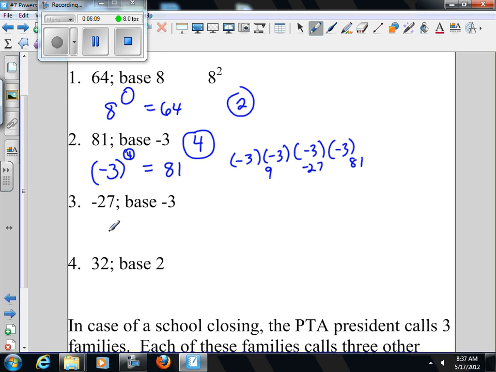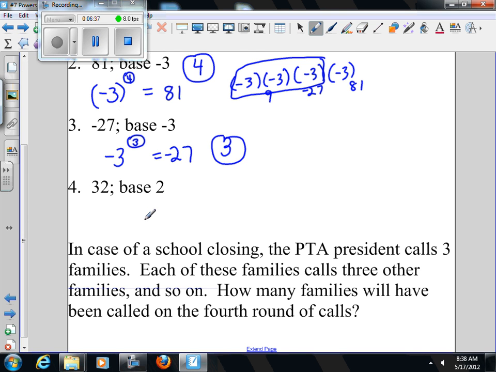So let's try this next one. We have negative 3 raised to what power gives us negative 27? Oh, look at this. We can go back to the last problem. Well, negative 3 times negative 3 times negative 3 gave us negative 27. So we multiplied, we did that 3 times. So our missing number was 3. That was our exponent.